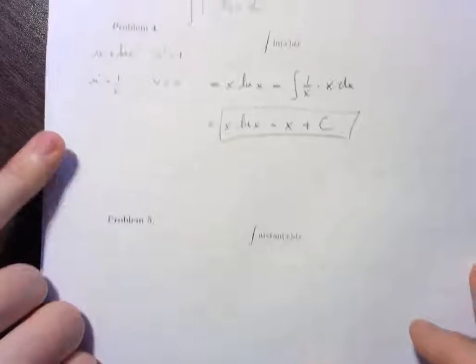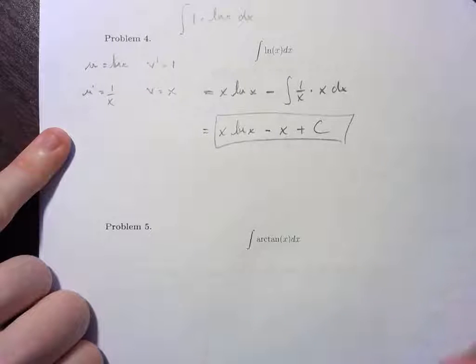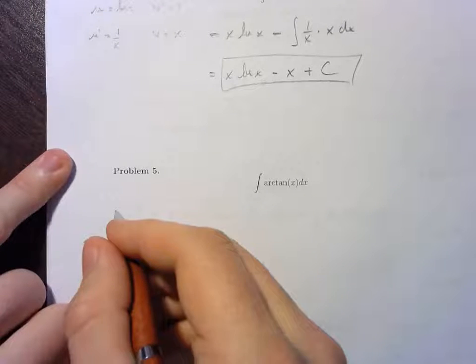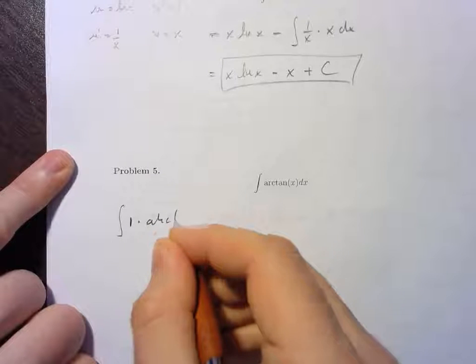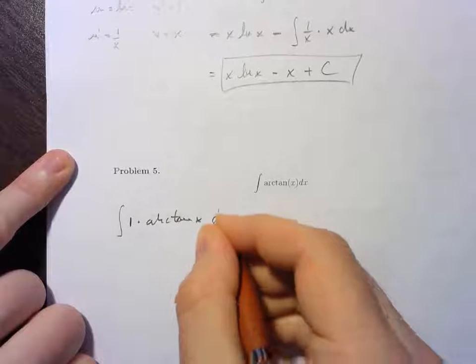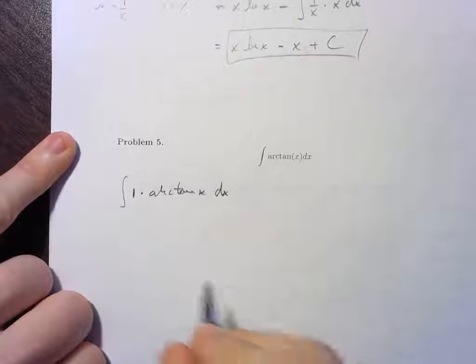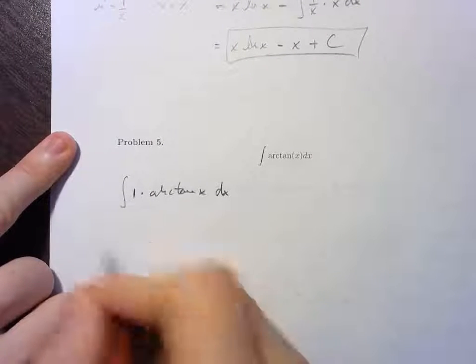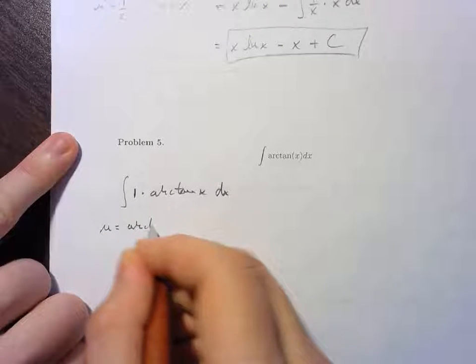And here's another example where the same thing happens, right? You're integrating a function, you have to rewrite the integral as 1 times arctan of x, so that this will enable us to use integration by parts. And for the same reason as before, I'll let the u be arctan.